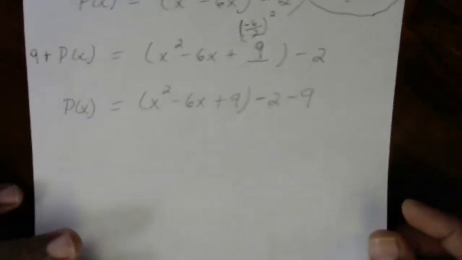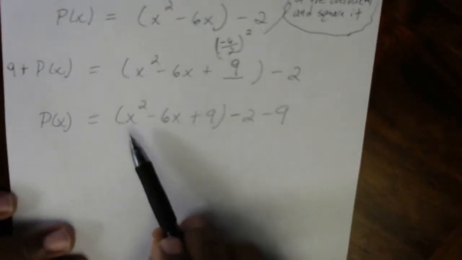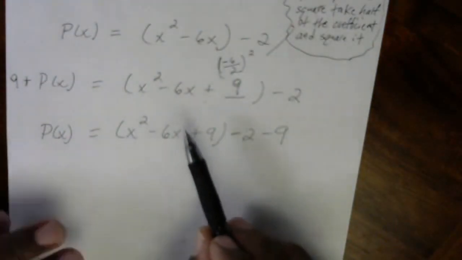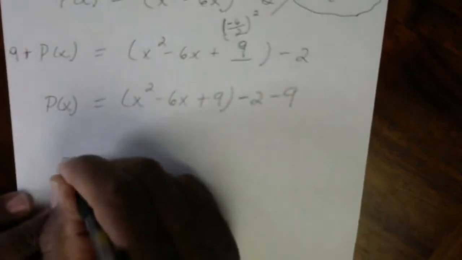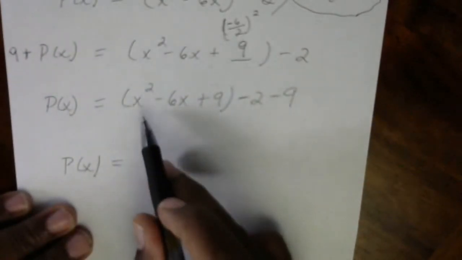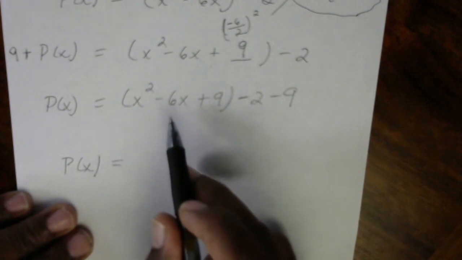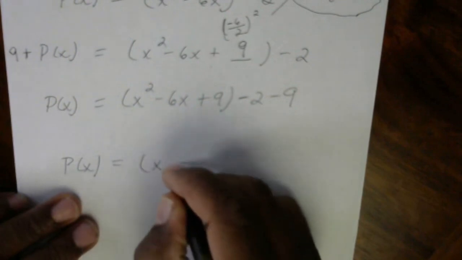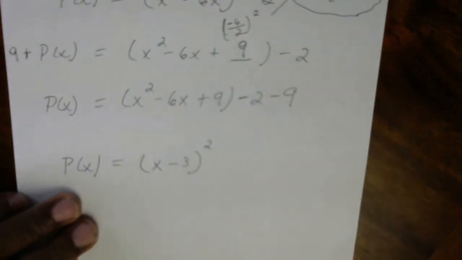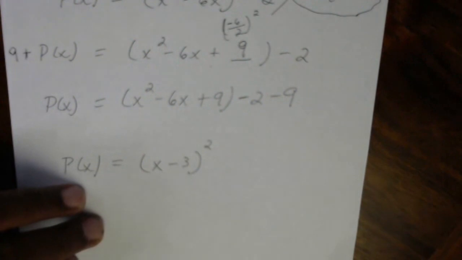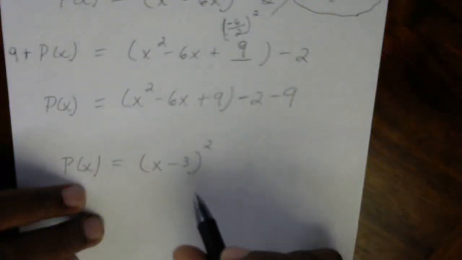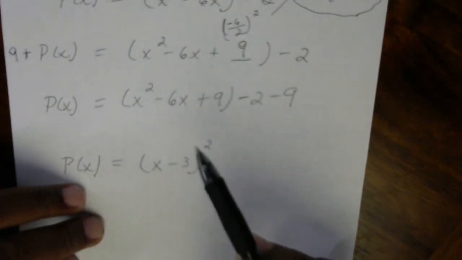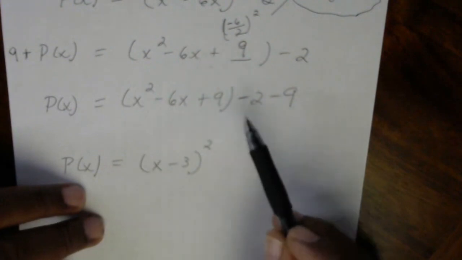All right, now here's the final piece of the puzzle. Whenever you complete the square, you force a perfect square trinomial. So what do I mean by that? We can rewrite x squared minus 6x plus 9 as x minus 3 quantity squared, because if we take x minus 3 times x minus 3, we should have x squared minus 6x plus 9.